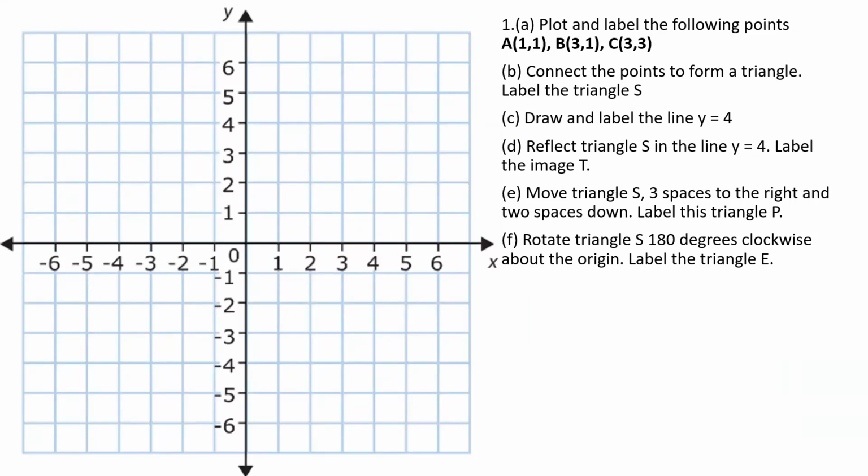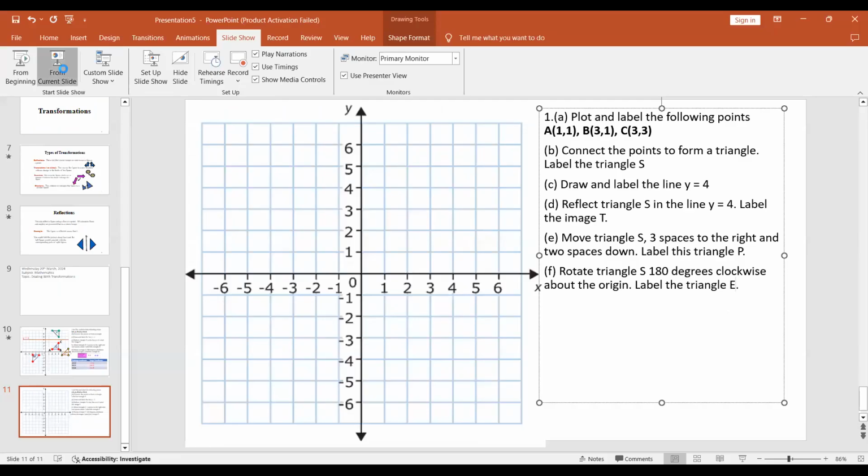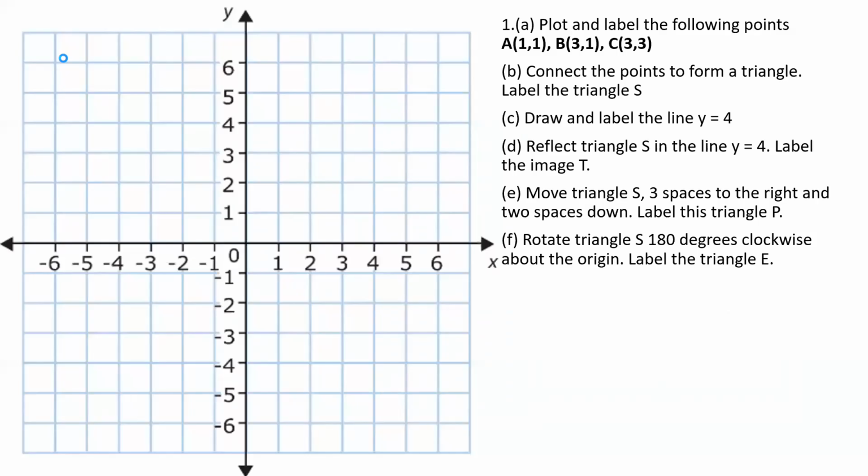Reflect triangle S in the line Y is equal to 4 and label that triangle T. Move triangle S 3 spaces to the right and 2 spaces down and label this triangle P. And then rotate triangle S 180 degrees clockwise about the origin and label that triangle E. All right.